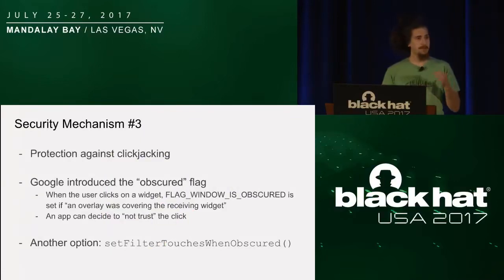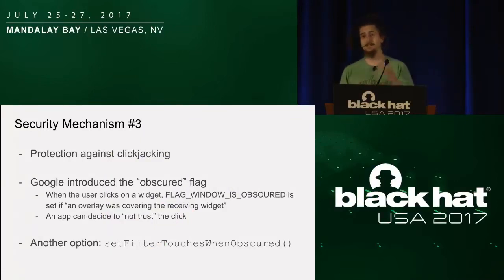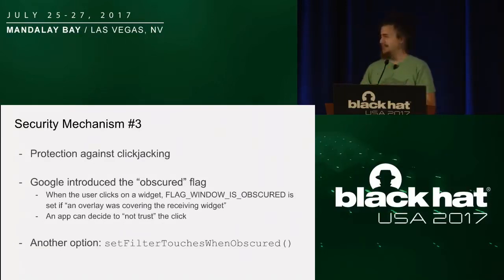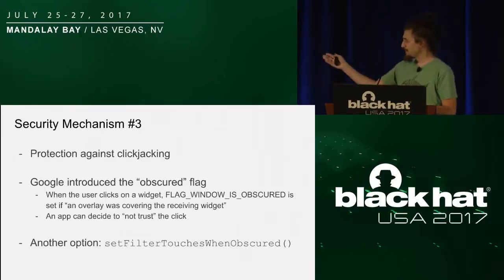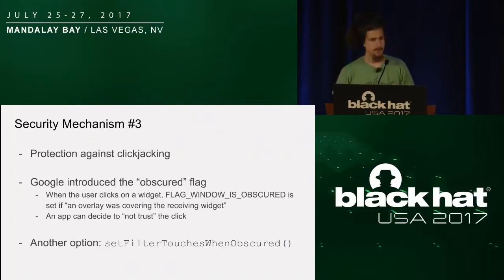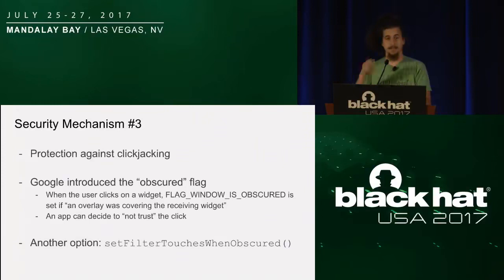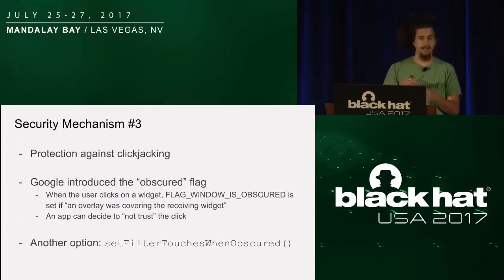Basically, when you have a widget and it's going to receive a click, there is a flag that is going to be set if and only if the click actually went through another overlay. So the OK button can understand, hey, there was something on top of me, I'm not going to trust this click. Another way of implementing this is to call the method setFilterTouchesWhenObscured, which basically means to tell the framework, please, if there was something on top while I got a click, don't even deliver the click to me. I don't want to know about this.